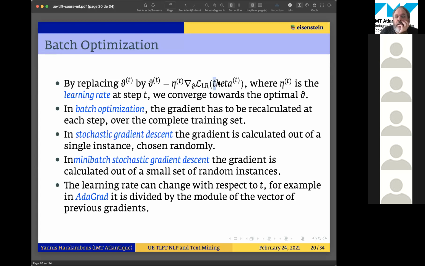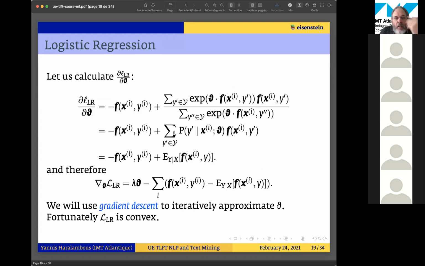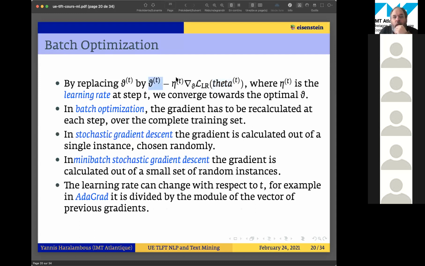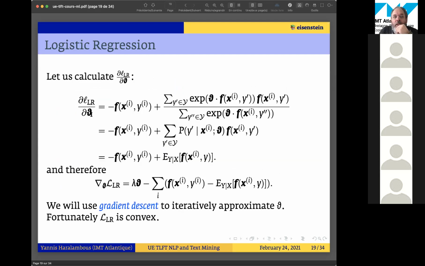Oops, here, sorry, this should be a real theta. It's a backslash missing in the text code. In this iterative process, I'm starting with some value of theta that can be arbitrary, and I'm doing steps replacing this value of theta at step t by the same minus something multiplied by this gradient.